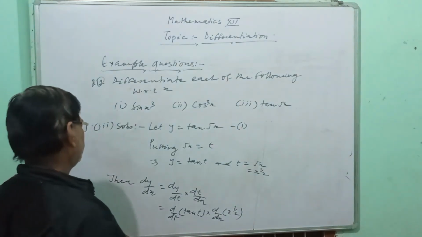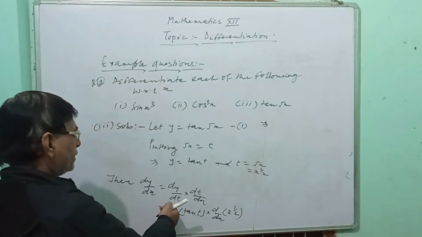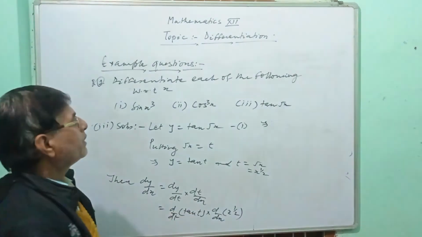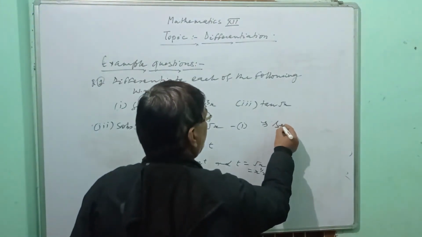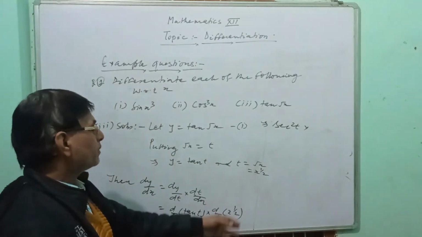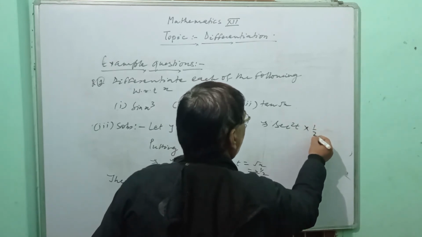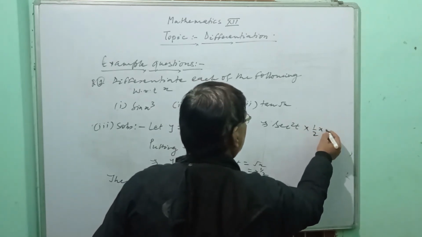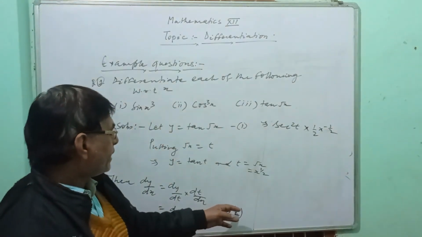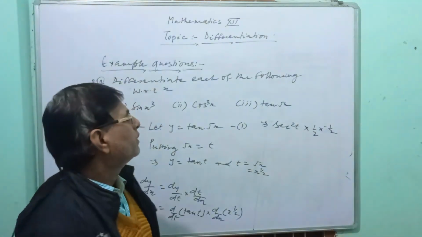This implies the differential of tan t with respect to t becomes sec square t, and the differential of x to the power 1 by 2 is 1 by 2 x to the power minus 1 by 2. Meaning, if we subtract 1 from 1 by 2, it becomes minus 1 by 2.